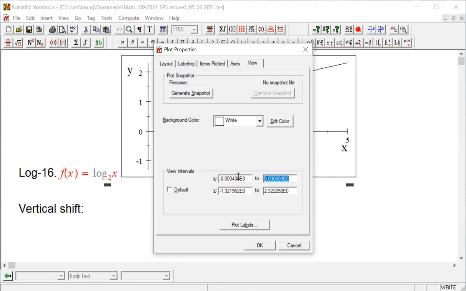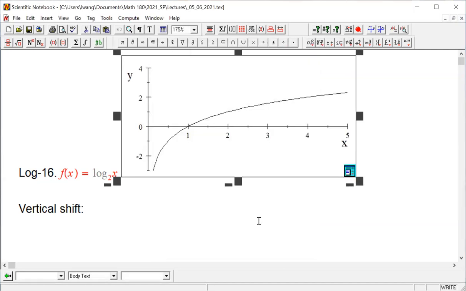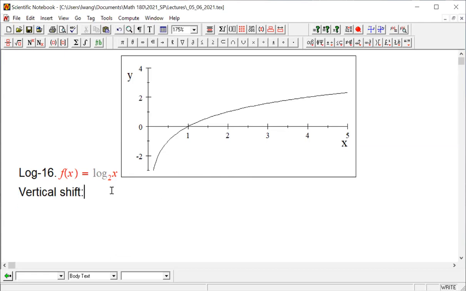Here I'm going to put something like that, maybe -3. Let's look at some of these properties we are observing. So this is log base 2 of x. For the vertical shift, we know the domain and range, asymptotes, and so on and so forth.